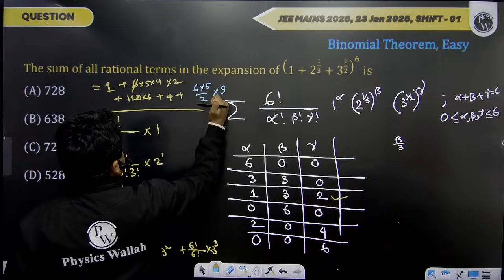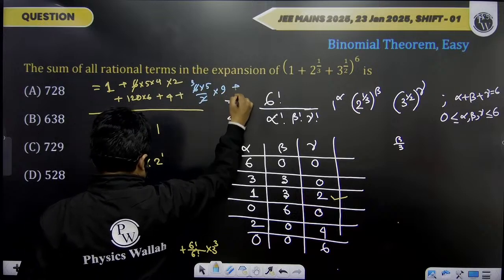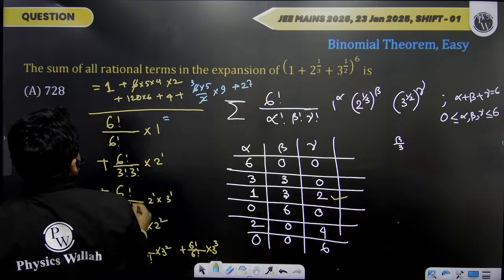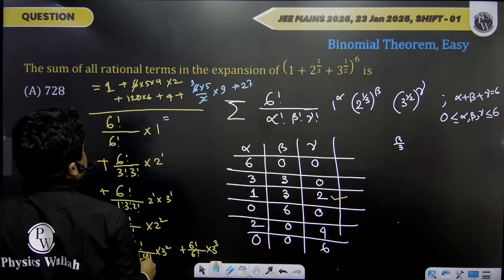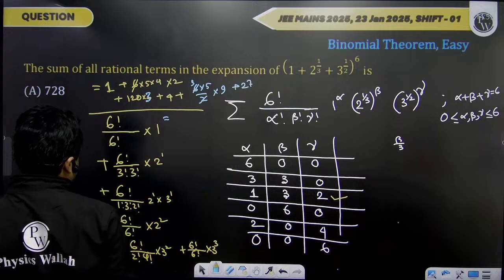So this is 15 into 9 plus 27, right? So this is coming as 120 into 3.